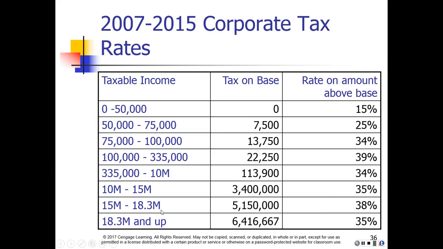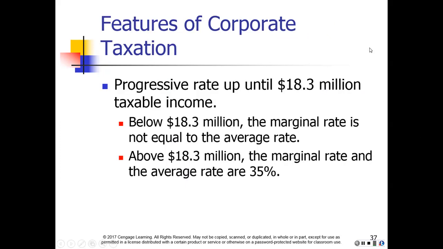I'm sorry, that's not right. If you're making over 18.3 million, then you're paying 35% in taxes, right? On average. So that's how taxes are calculated, right? So we basically have progressive rate up until 18.3 million of taxable income.